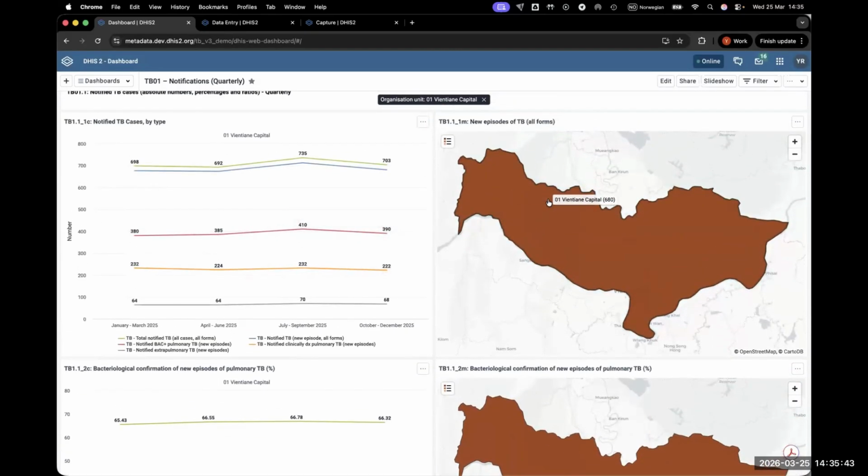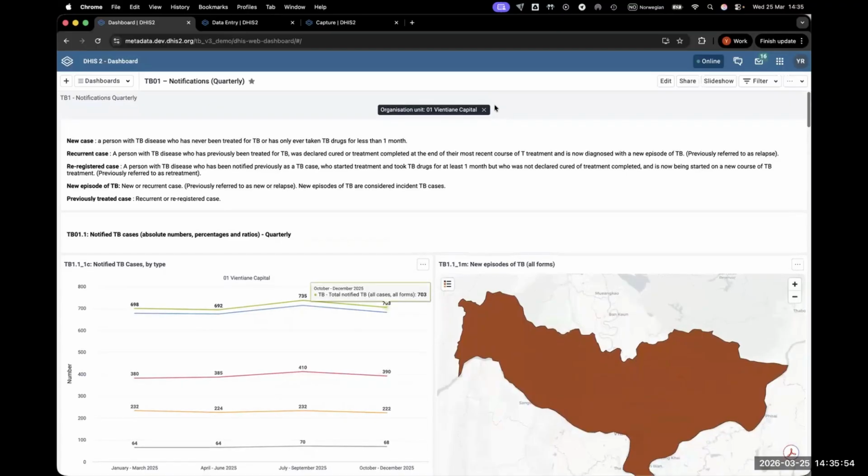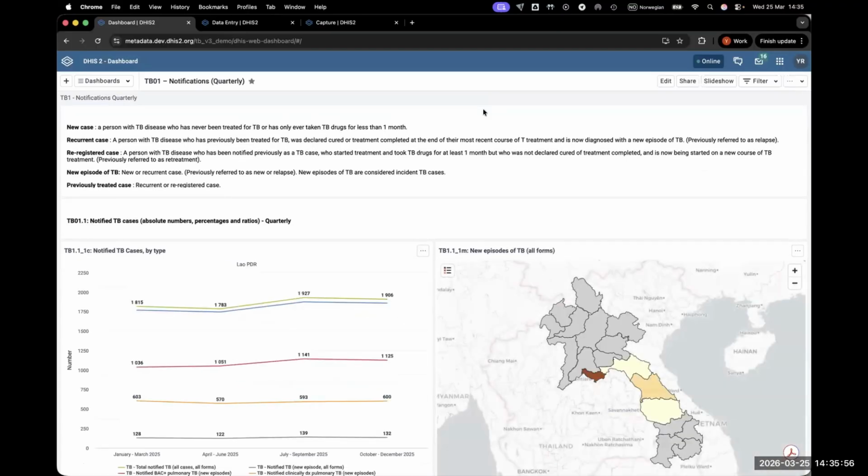And if I had data in this test instance on lower levels, such as districts, then this map would also be divided into districts for this region. So the data is available, and of course the rights to access the data are configured within the system.